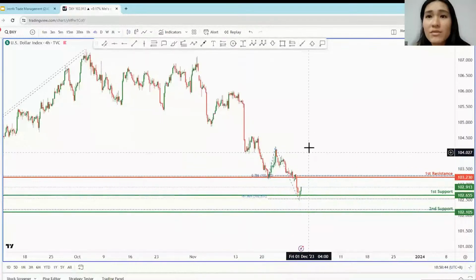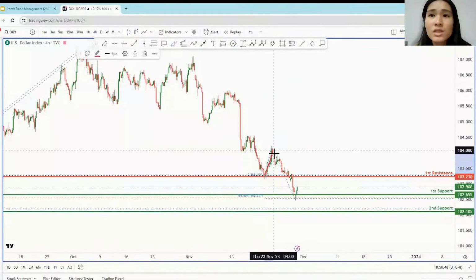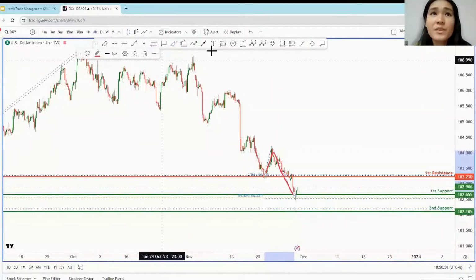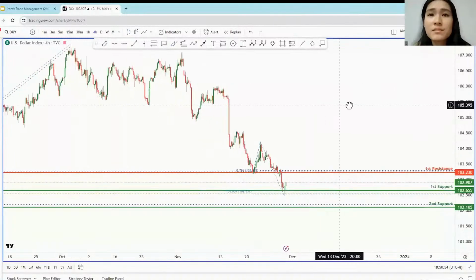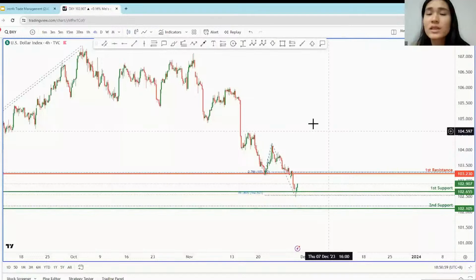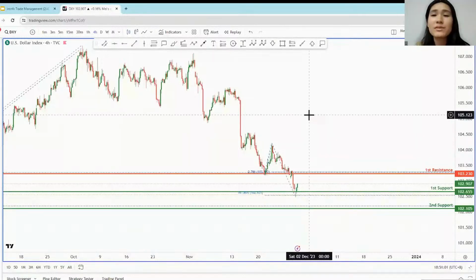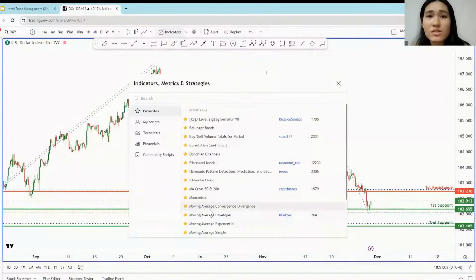Okay, and I have an inverted Nike tick here. So it's like this. Okay, I think that's all the levels we have. Yep. Okay, now let's go in with our indicators.